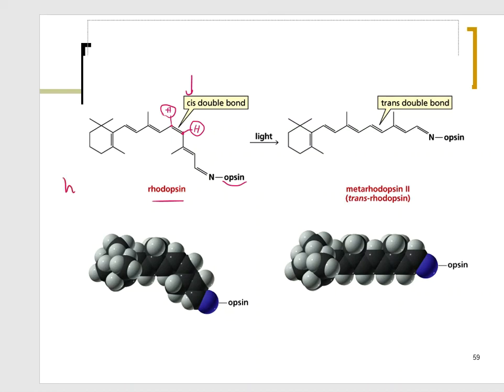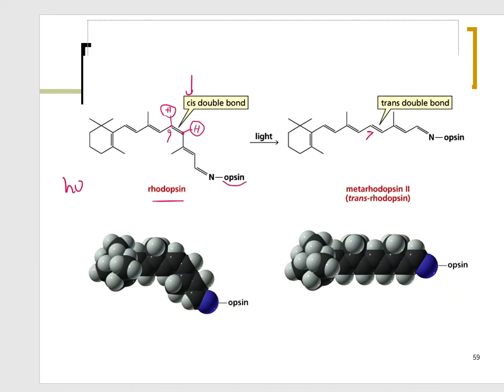I wrote down hv. And I said, if you have enough energy, the light energy could actually do it as well. Oh, so we see, because light energy could actually target rhodopsin and target this cis bond and turn it into trans. And that's exactly how this process works.